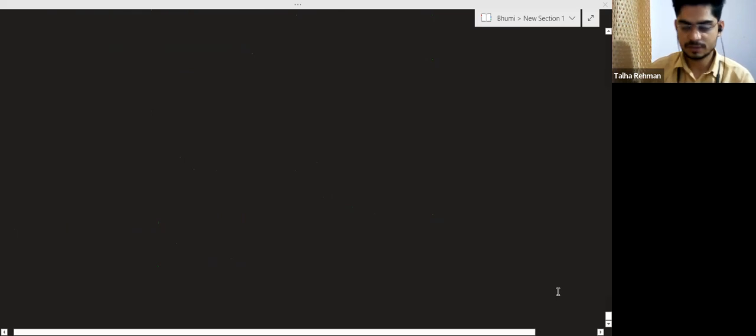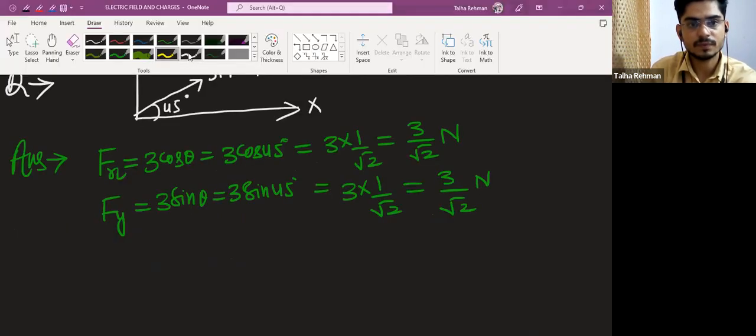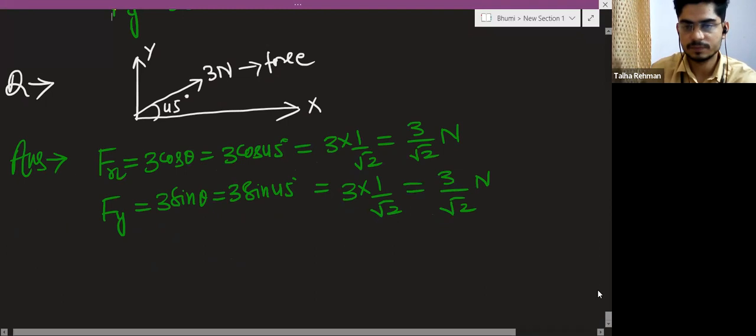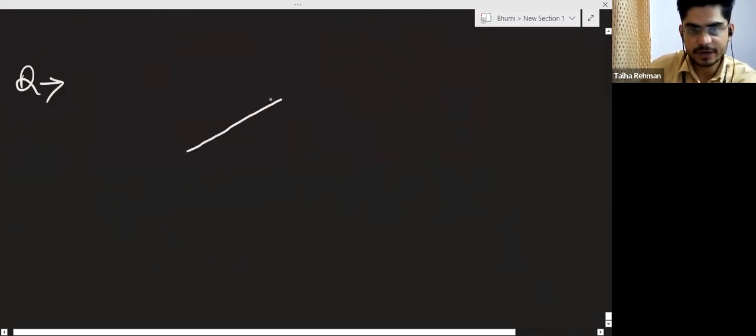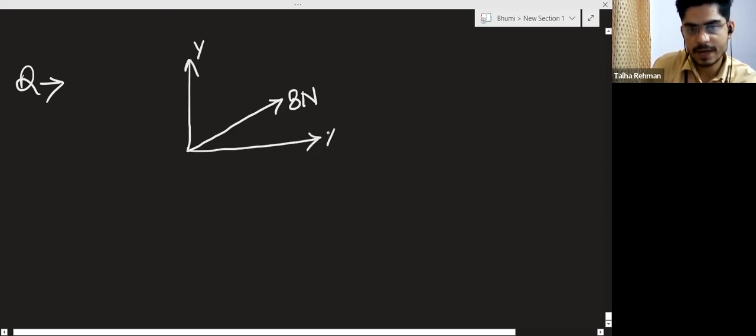So if there is one last question of it, suppose here is a vector of 8 Newton and this is y-axis and this is x-axis and this is making an angle of 30 degree.